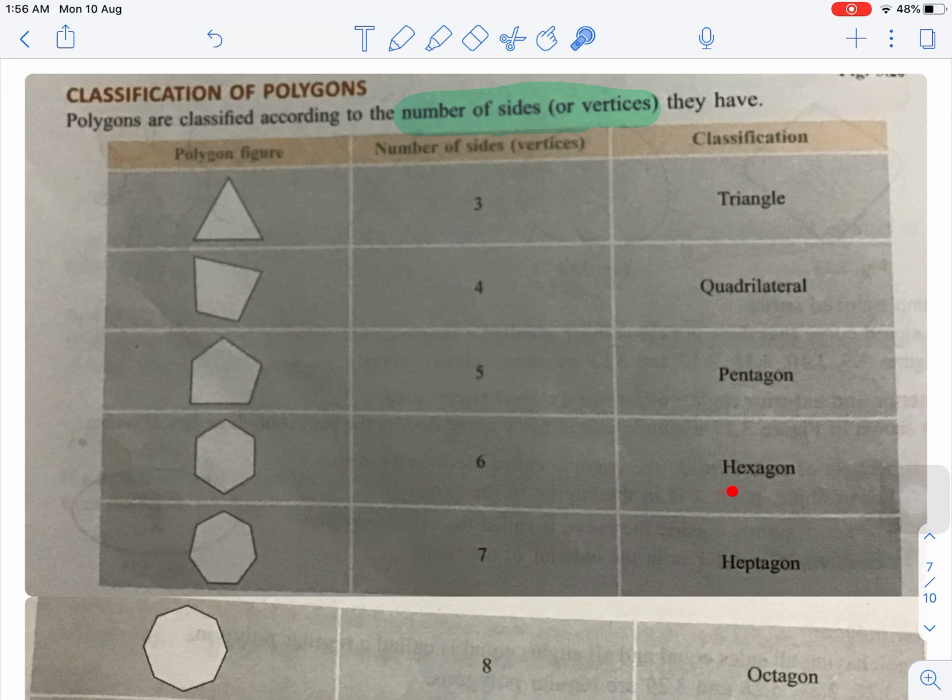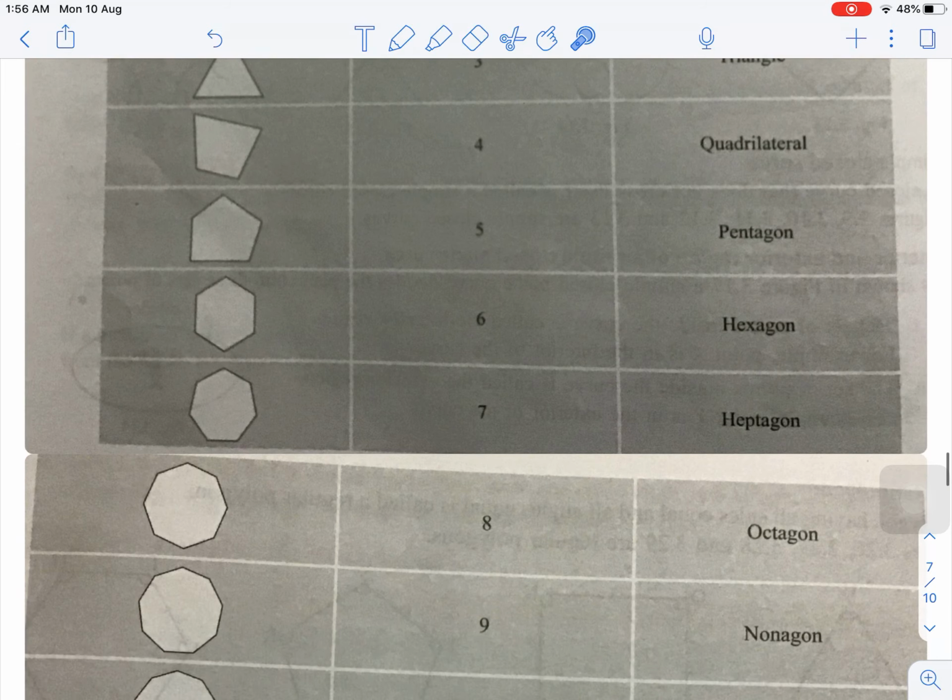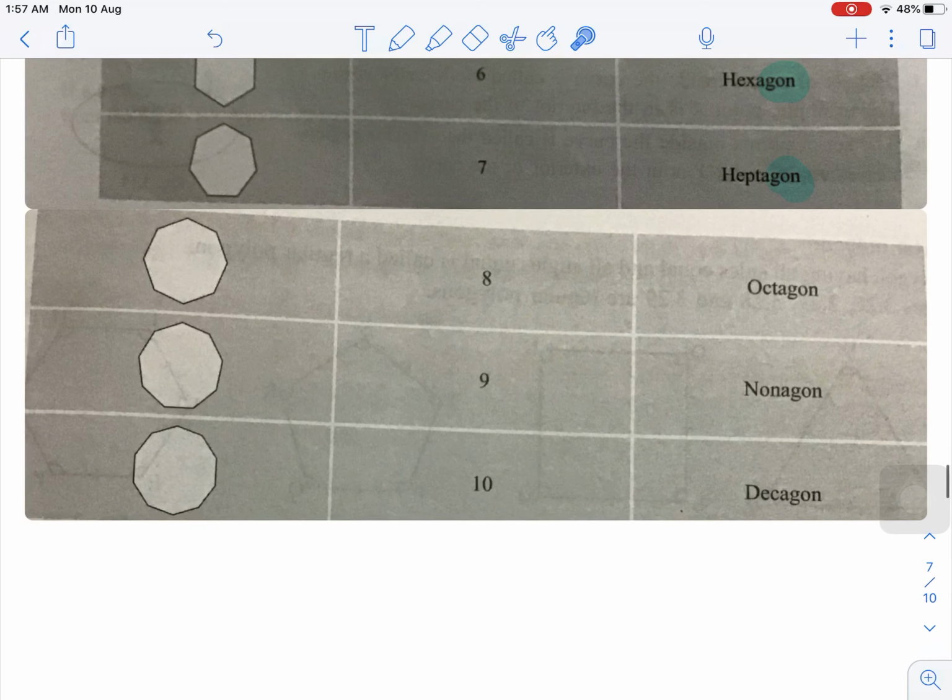Six sides, then hexagon. Here the word gons means sides. So a pentagon means a figure with five sides. Hexagon means a figure with six sides. Then heptagon, a figure with seven sides. Octagon, nonagon, and decagon, and so on. So in this way we can classify the polygons based on the number of sides.